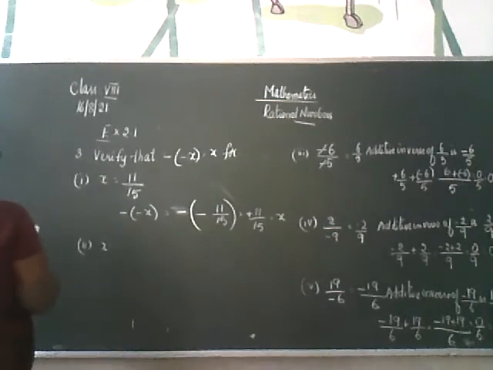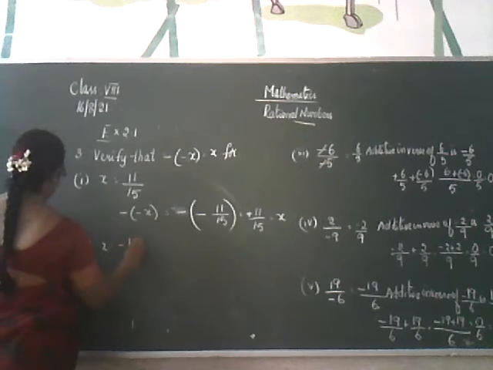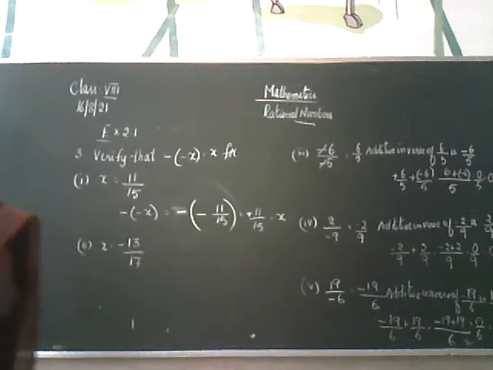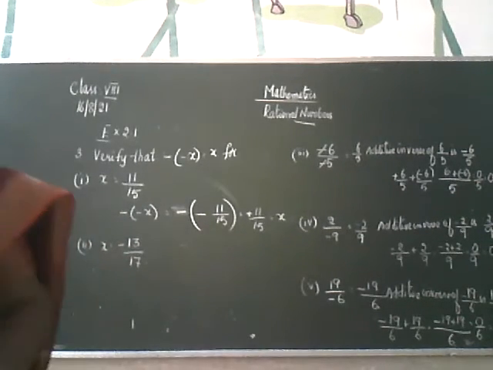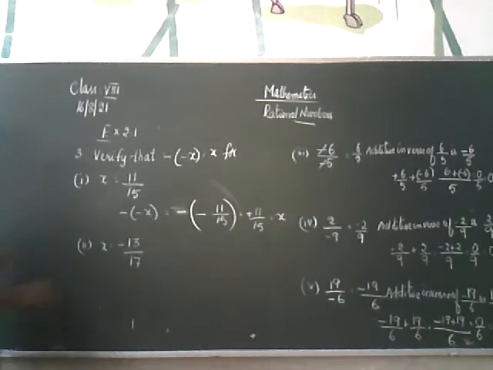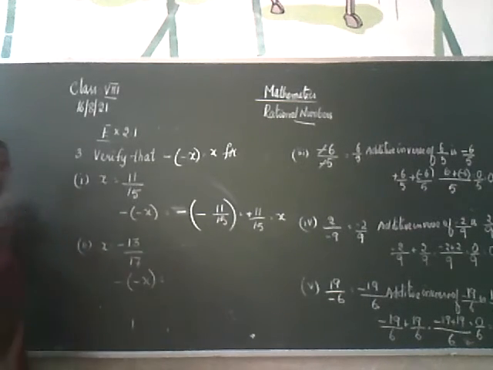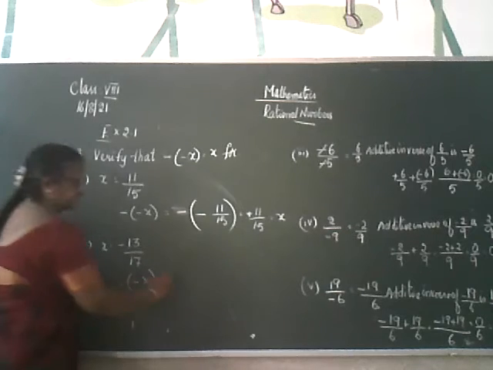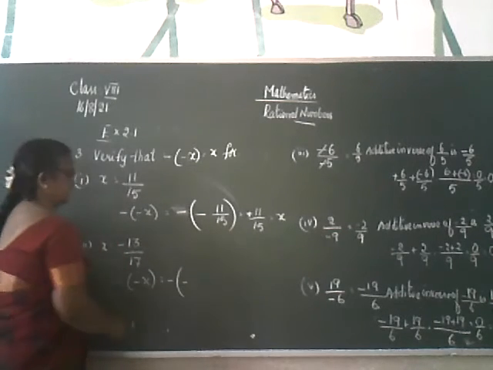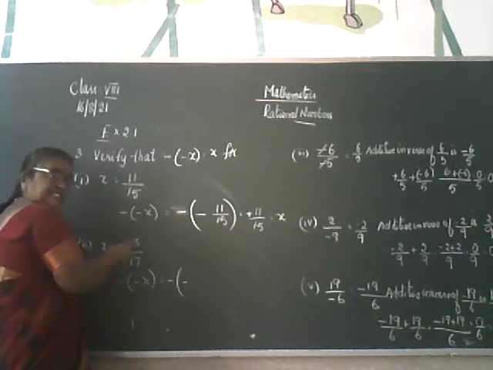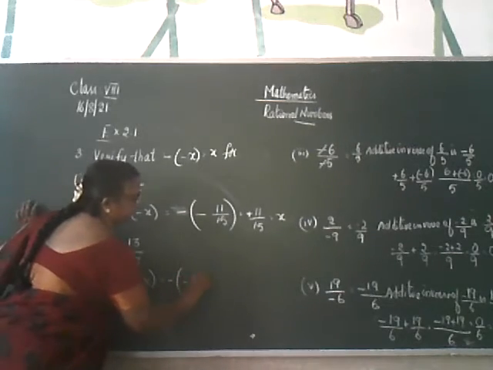Again he has given the x value as minus 13 by 17. So let me consider the LHS, minus of minus x. So minus of minus, what is x? Yes, x is again minus 13 by 17.